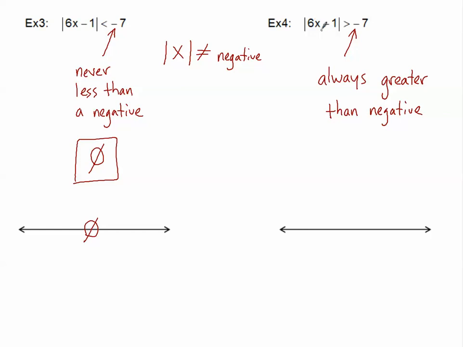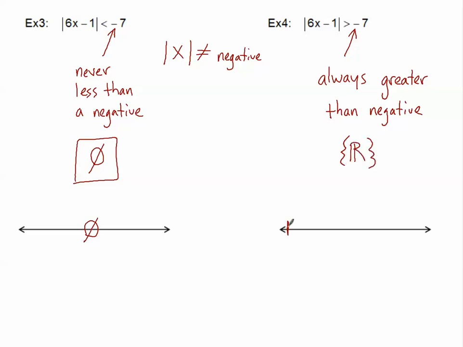So that means that it doesn't matter what we put in here for x. The absolute value of whatever this expression is going to be will always be greater than negative 7. The smallest that this could possibly be is 0, and 0 is still greater than negative 7. So that means that the answer to this is the set of all real numbers.